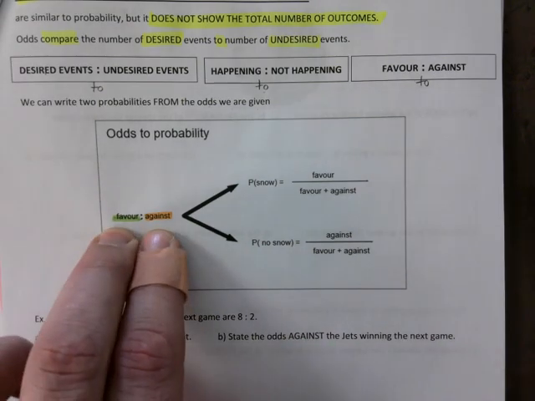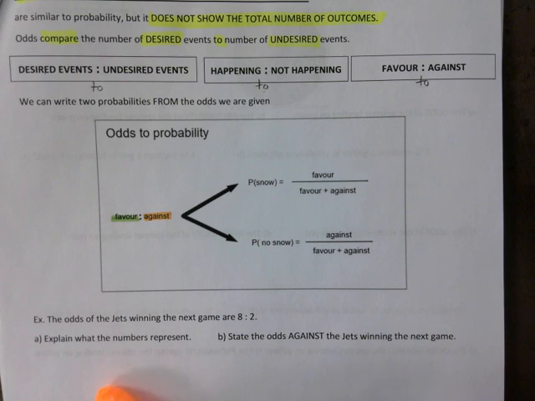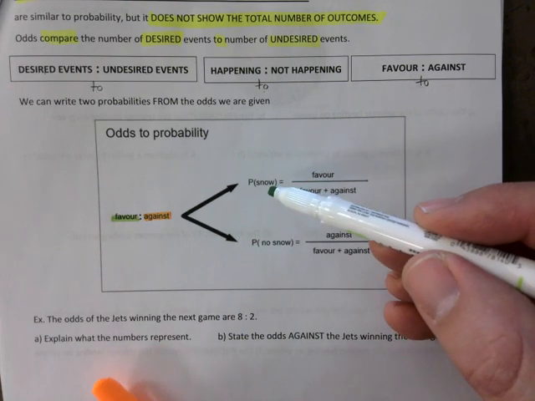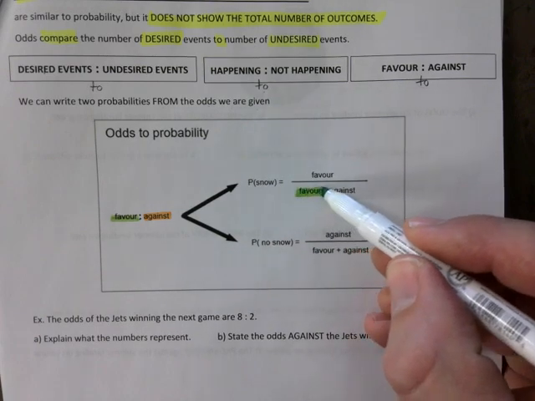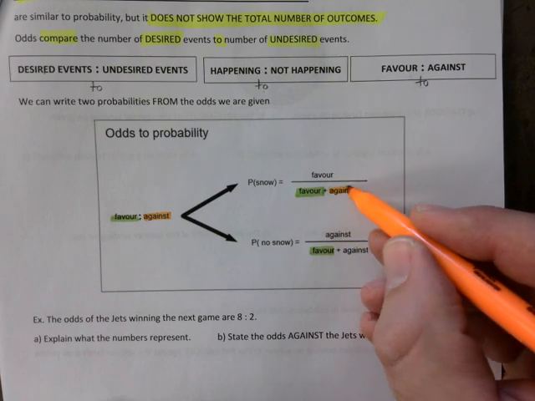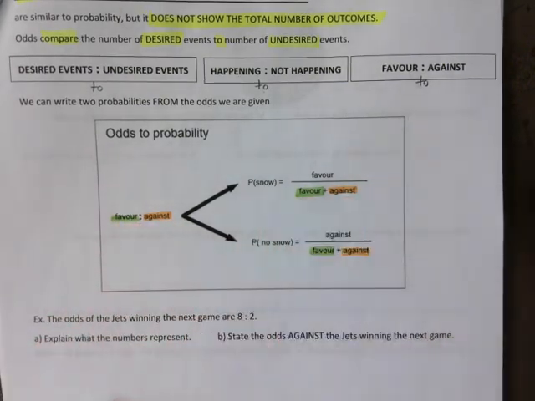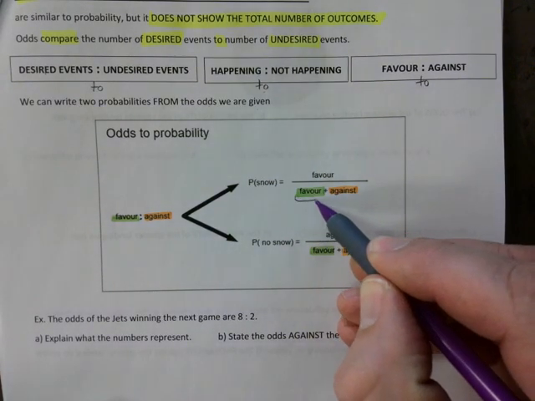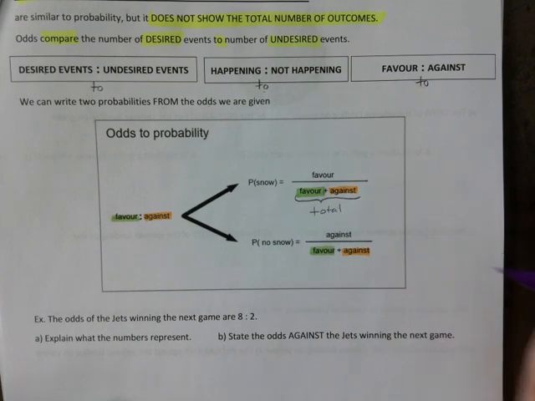So if you want to transfer that to probability for both of them, watch this. Either probability of snow or against snow. What do we do in the denominator for both of them? We add these up and put them in the denominator for both of them. And now you have the total number of outcomes.